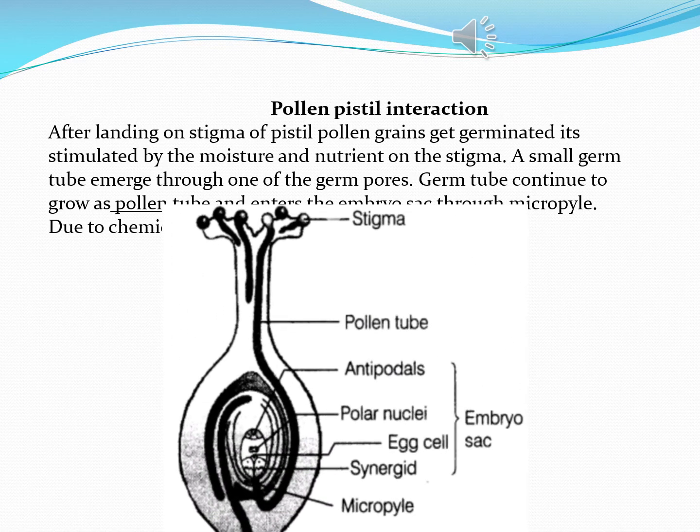In this slide we want to discuss pollen pistil interactions. As we know, pollination means the transfer of pollen grains to the stigma. It may be self-pollination, or it may be cross pollination. The pollen grains will be transferred onto the stigma surface.